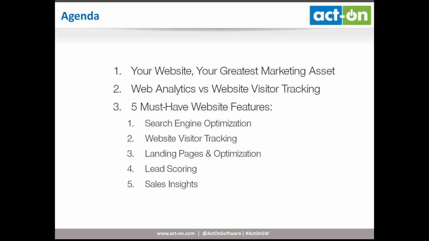And then, again, the head nod and the smirk based on what Jesse said at the outset. These 5 pieces we are going to peel into are 5 must-have website features. Number 1, search engine optimization. Number 2, website visitor tracking. Landing pages and optimization, lead scoring, sales insights, all, by the way, are brought to you by Act On Software.